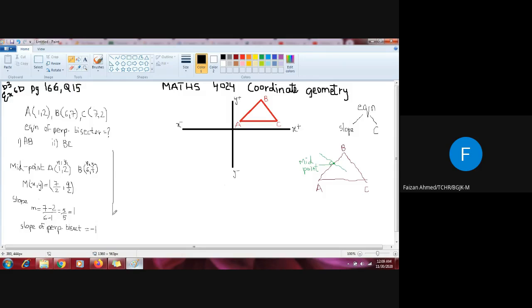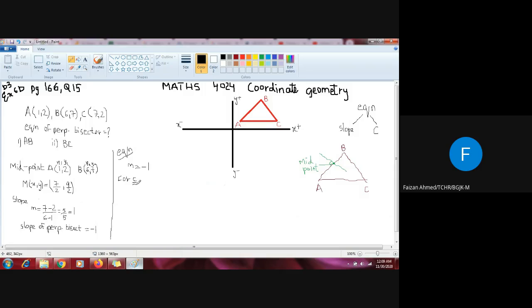And now I know that in order to write the equation, I need two things. The first thing is the slope. In order to write the equation of this perpendicular bisector, I have the slope, that is m is equal to minus 1, and I need one point. First I will write for the y-intercept, because I have to calculate the value of c.